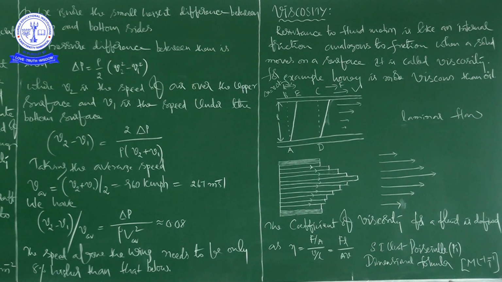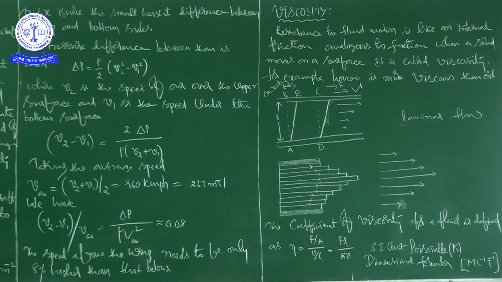Now we are going to discuss the important quantity which helps us to calculate the viscous force, that is the coefficient of viscosity. The coefficient of viscosity for a fluid is defined as the ratio of shearing stress to the strain rate.